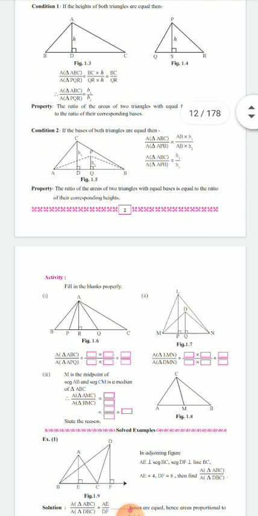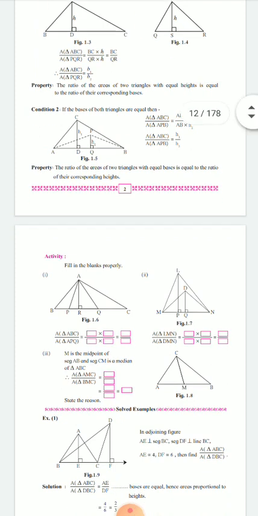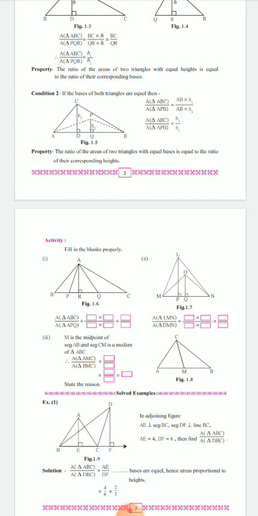Now we will see the third example from this activity. In this activity, a diagram is given adjacent to it. Here M is the midpoint of segment AB, and segment CM is a median. Median means it divides segment AB into two equal parts, that is AM equal to MB, we can say.